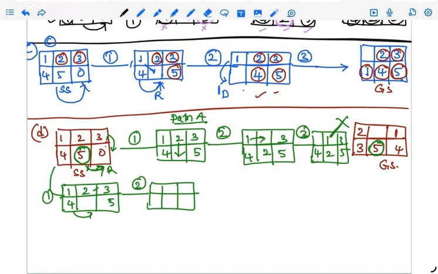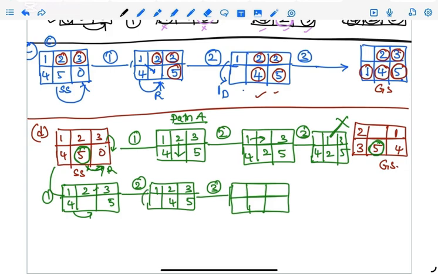So 1 2 3 5 4. For the third move, move 1 down, 1 4 5 2 3. So we did not reach the goal state B.